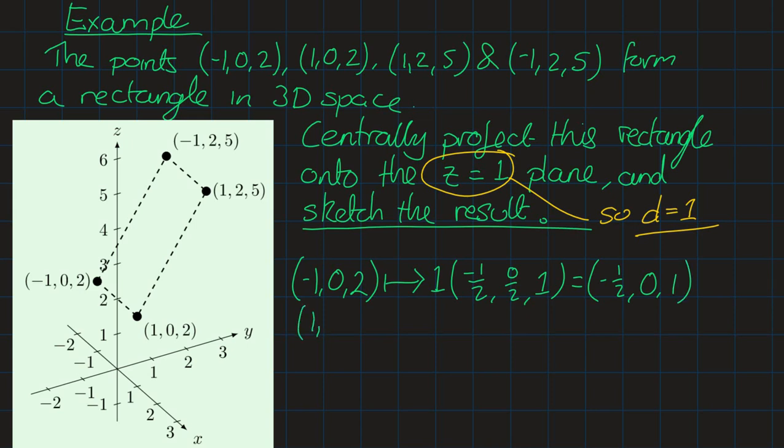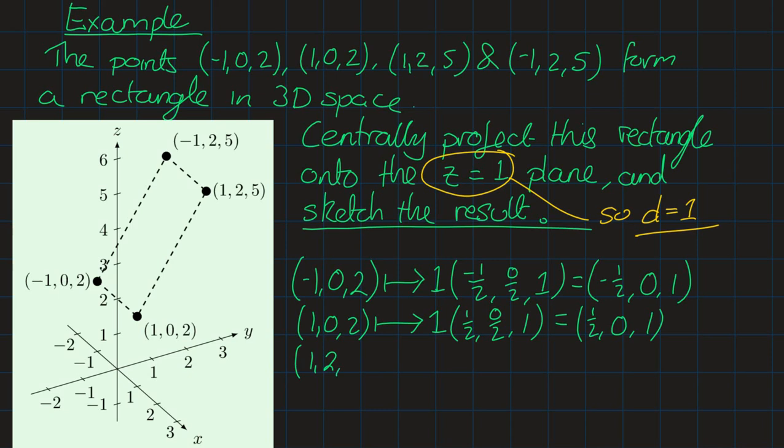The next point, (1, 0, 2), gets mapped to (1/2, 0/2, 1). What I'm doing is dividing all of the coordinates by the z coordinate. The z coordinate in this case is 2, so I divide all the coordinates by the z coordinate, and I multiply by d out front. So this is (1/2, 0, 1).